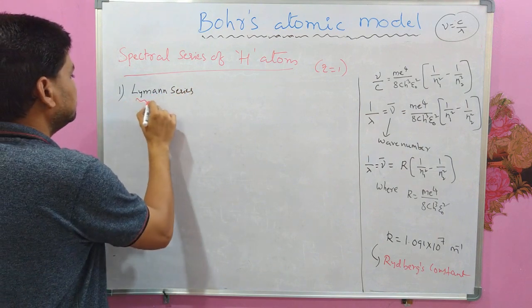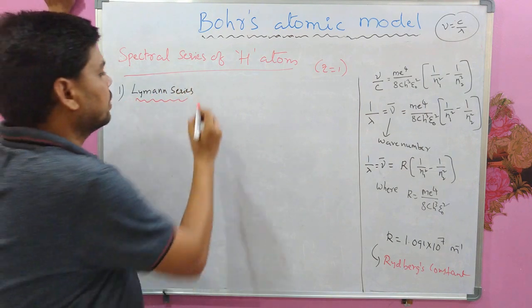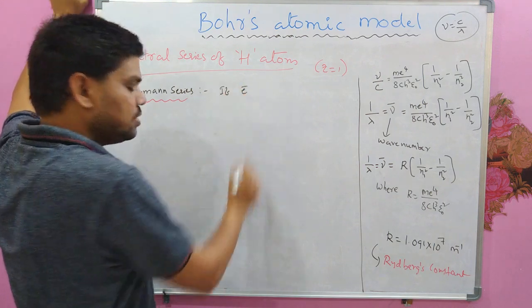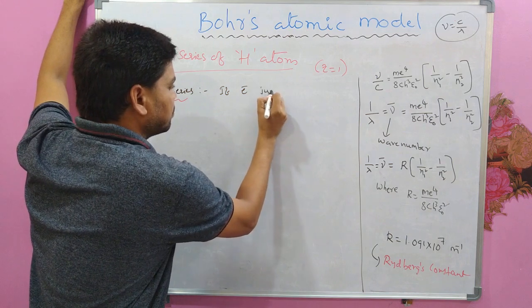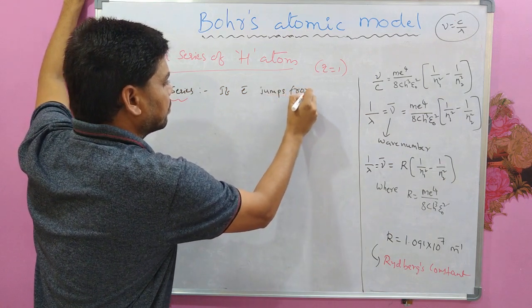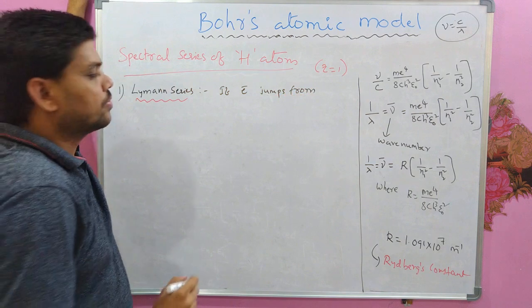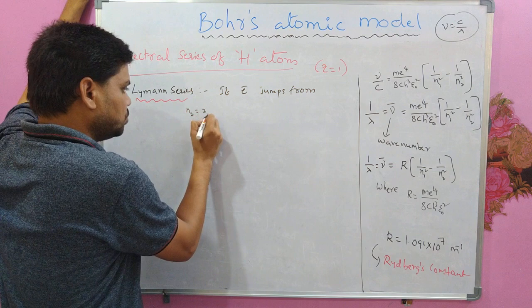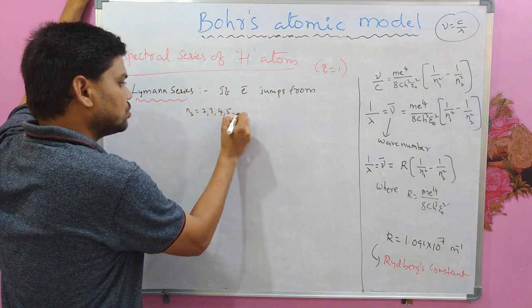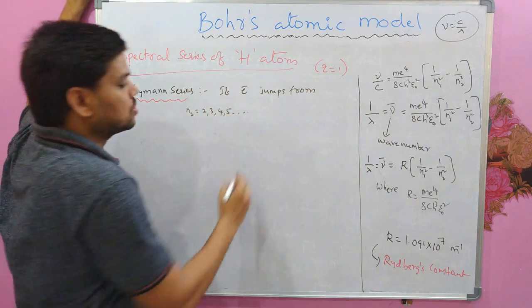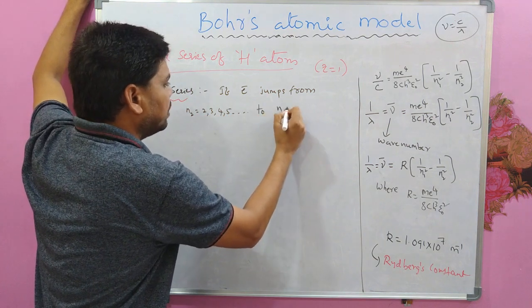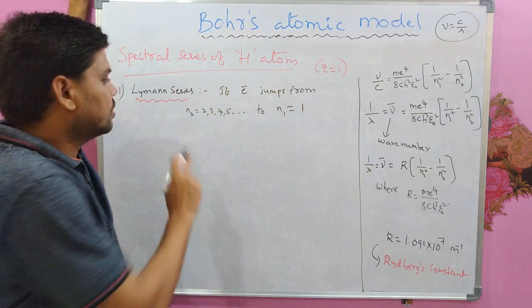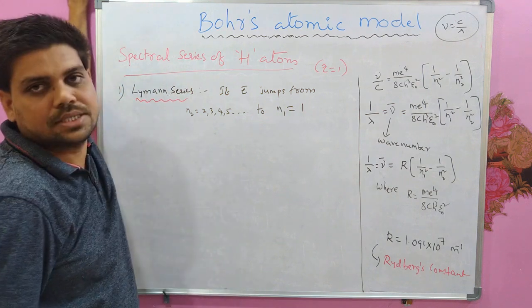What is Lyman series? If electron jumps from N2 equal to 2, 3, 4, 5, and so on, to N1 equal to 1, then we get the Lyman series.